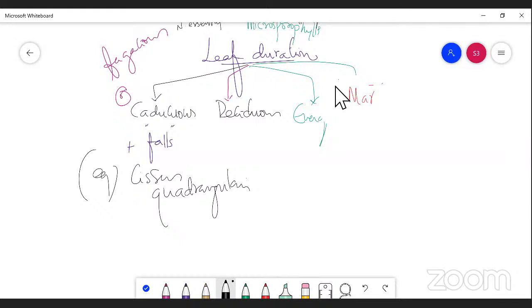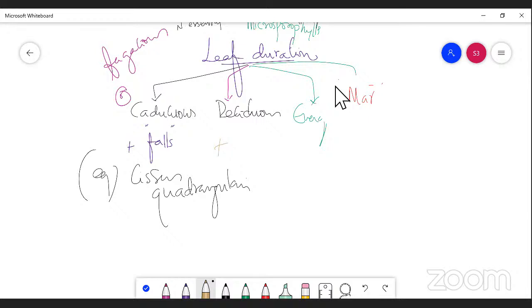Simply, it is the falling of leaves very soon after formation. That is caducous, also known as fugaceous, right? Simply, you can say it is a leaf which detaches from the tree very soon, before maturity. Whereas deciduous means leaves which fall after maturation, right? That is deciduous, just the opposite.